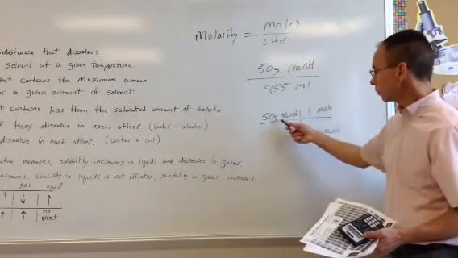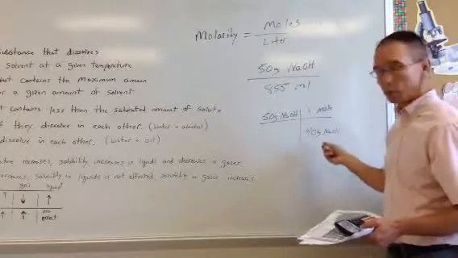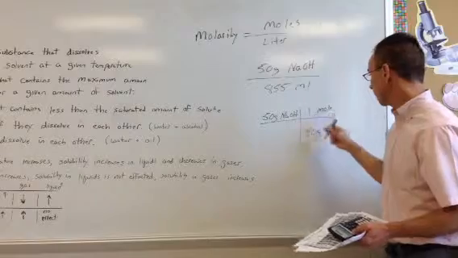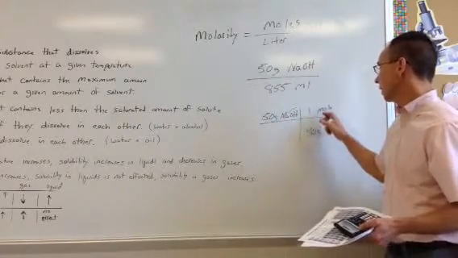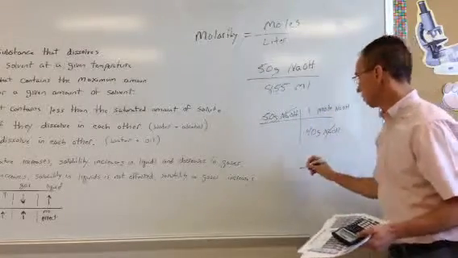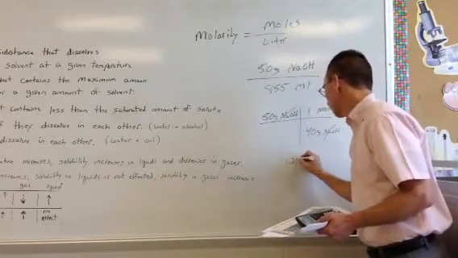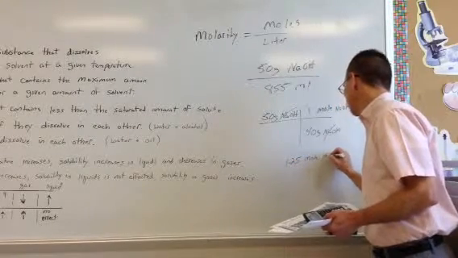So 50 times 1 is 50, divided by 40 is 1.25. And now my grams of sodium hydroxide cancel, and I get moles. So now my answer would be 1.25 moles of sodium hydroxide.